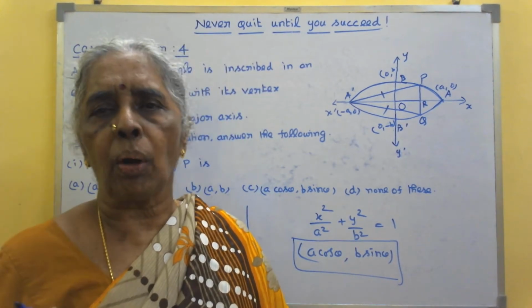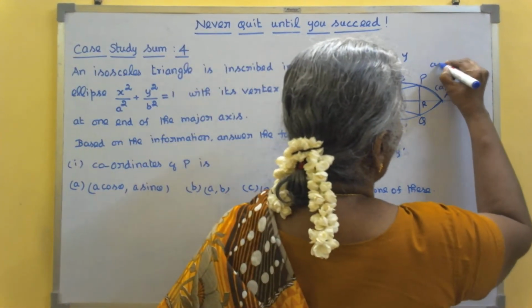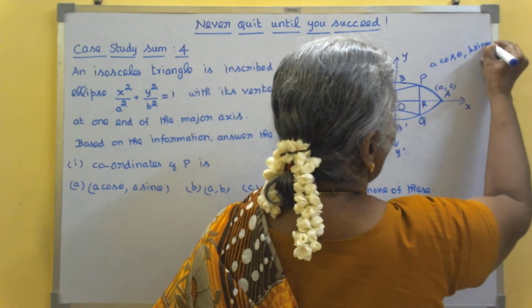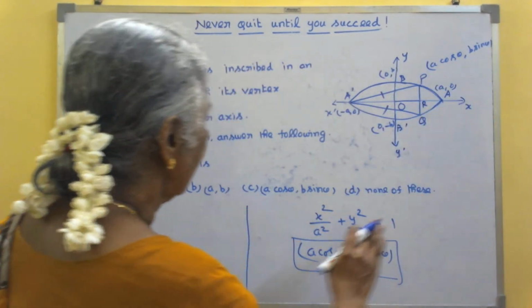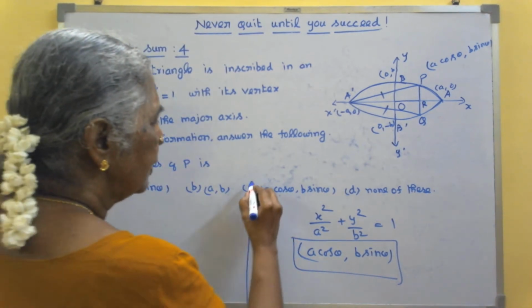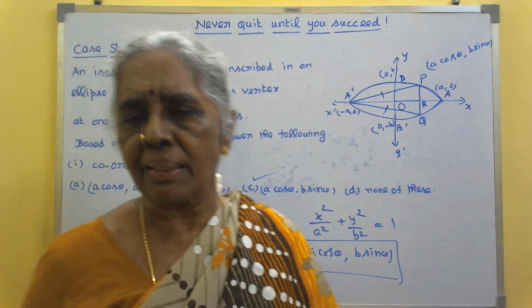But you have to see the quadrant and properly fix it. Now P is in the first quadrant, so I will write this as a cos theta comma b sin theta. That is what you have to answer for the first subdivision. So the subdivision C is your correct answer, which is a cos theta comma b sin theta.